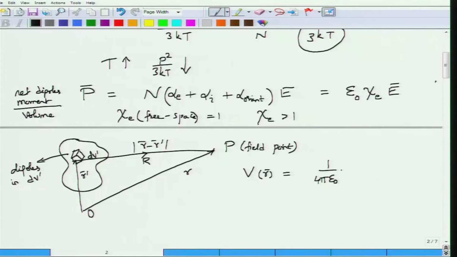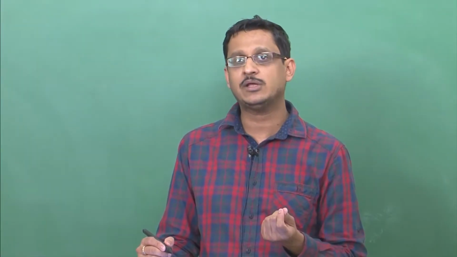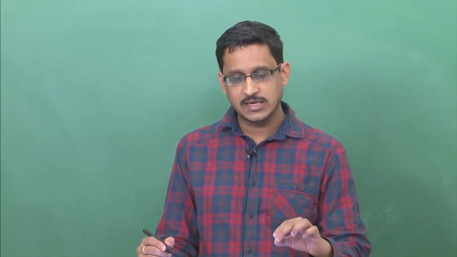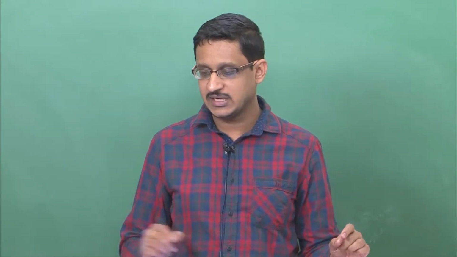Epsilon 0 is a constant, so we take it outside. And then what is the total charge inside this volume element? It is P times dV prime, where P is the polarization, the net dipoles per unit volume. Multiplying that by the volume element gives the net dipoles sitting inside dV prime. So this would be the total charge that I have.